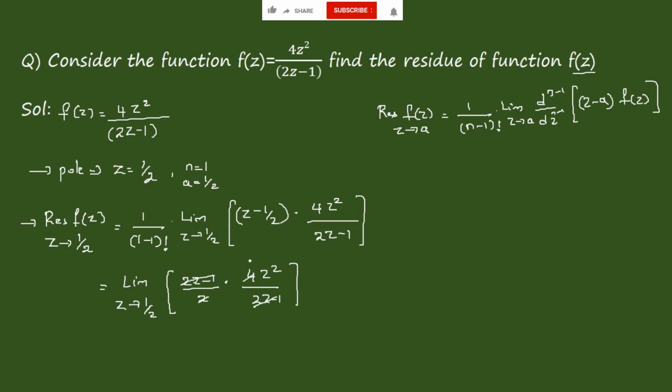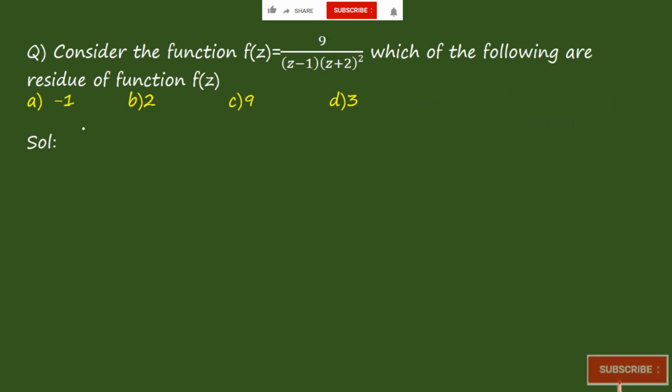One side goes 1 and 2 side, so it becomes limit z tends to 1 by 2 of 2z square, which is equal to 2 into 1 by 4, which is equal to 1 by 2, which is equal to 0.5. So the residue of the function f of z is equal to 0.5. Now come to the next question.